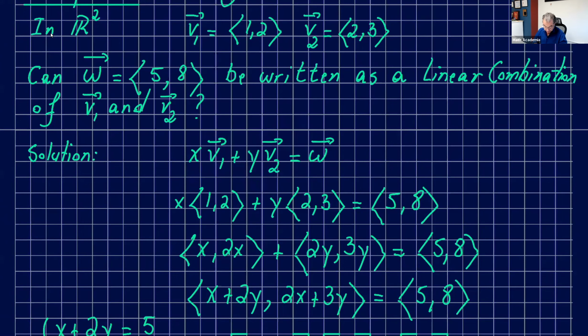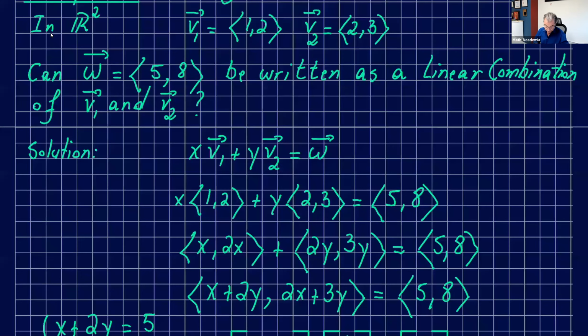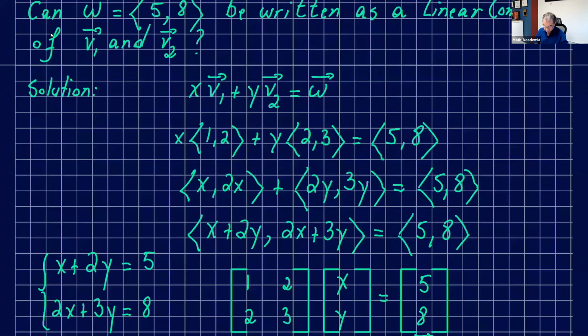So substitute: x times 1, 2, and y times 2, 3 equals 5, 8. So if you multiply, x, 2x here plus 2y, 3y here equals 5, 8 again. Add those: x plus 2y, that's the first component, and the second component is 2x plus 3y, and that equals 5, 8.